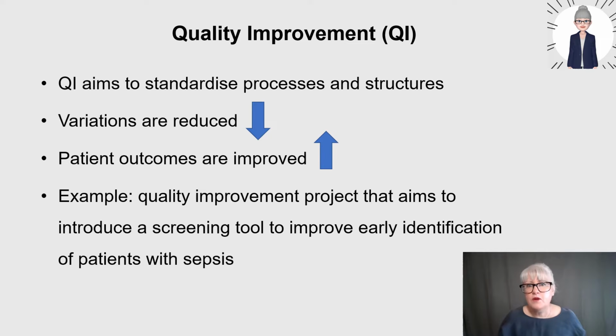An example might be a quality improvement project that aims to introduce a screening tool to improve early identification of patients with sepsis. So within this example, variations are reduced as staff use this standardised screening tool, and patient outcomes should improve, as more patients are identified early on with sepsis. So the knock-on effect is a decrease in mortality rates for sepsis.